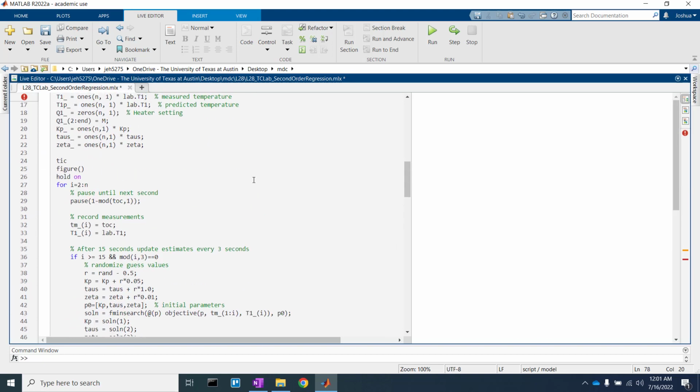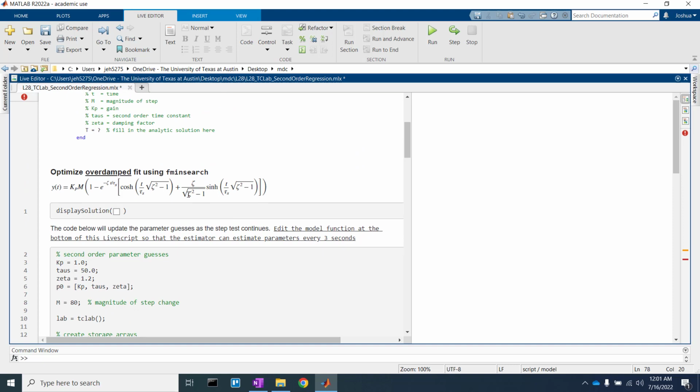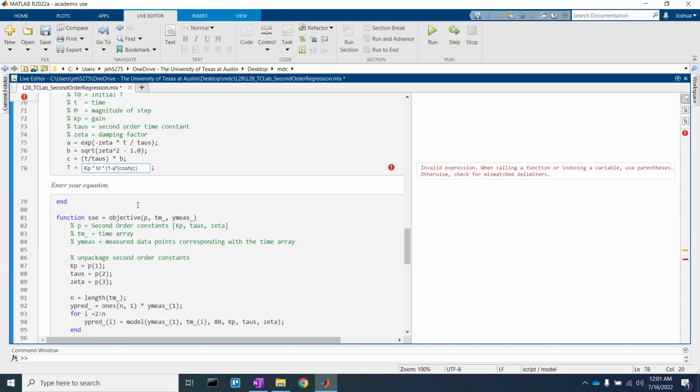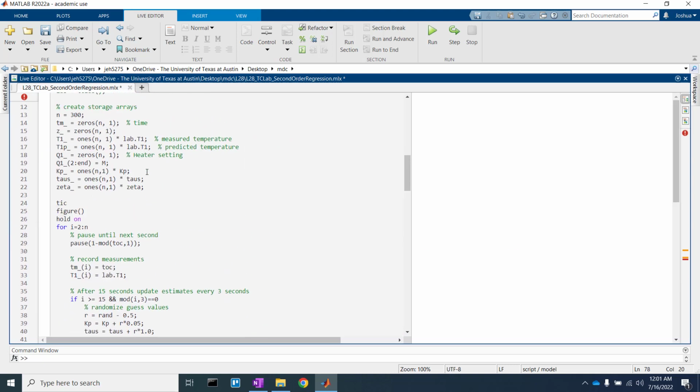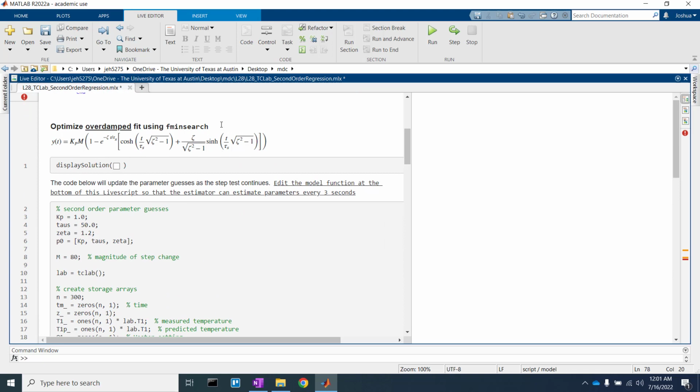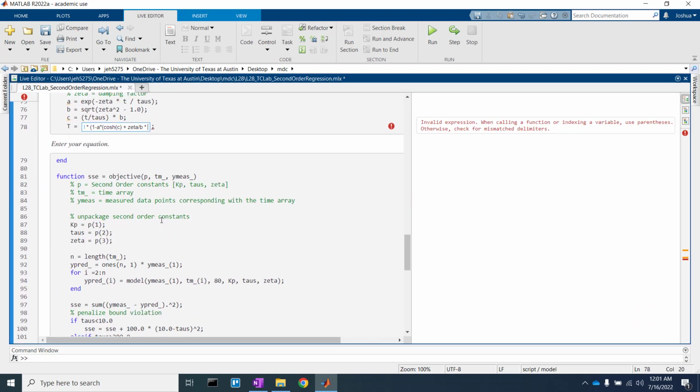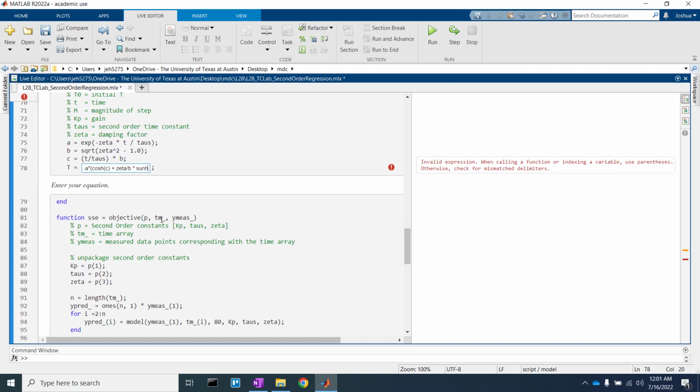And let's go back up again, look at our equation, plus zeta over b times sinh of c. And then I believe we had 2 parentheses. We'll just scroll over. Yep.